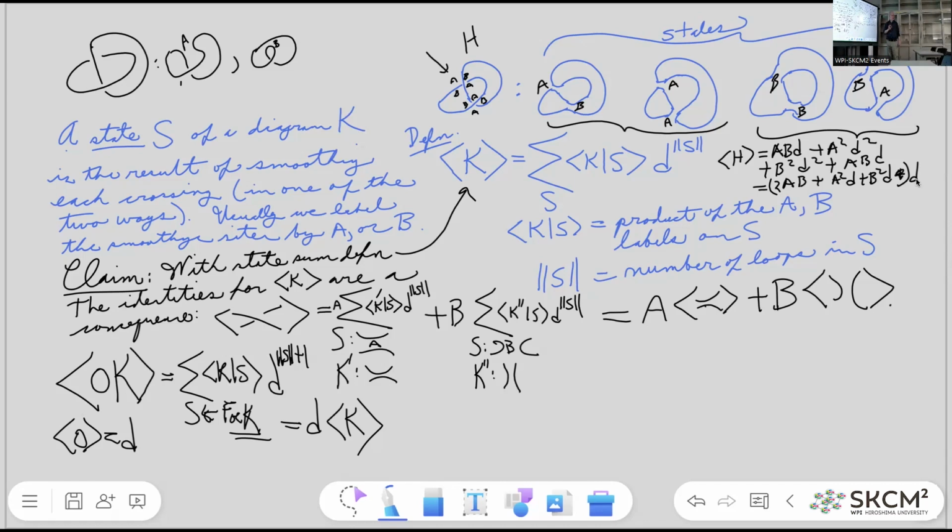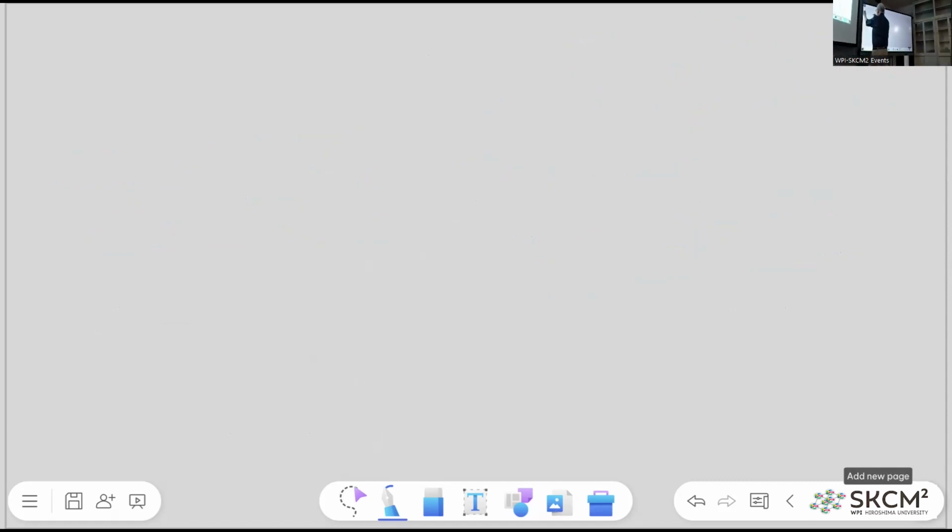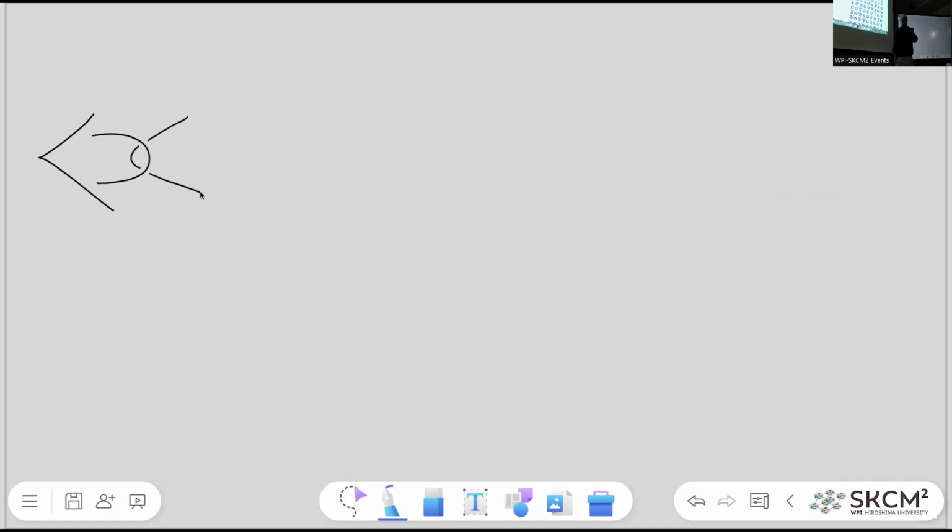How does this behave under Reidemeister? So we already know how it behaves under the first Reidemeister move, but I want to go on to the second one because the second one is the one that gives me the best morals about what to think about. So let's look at how the bracket as we've defined it will behave under the second Reidemeister move. So that means I need to look at all the states of this, or to expand it on both of these crossings.